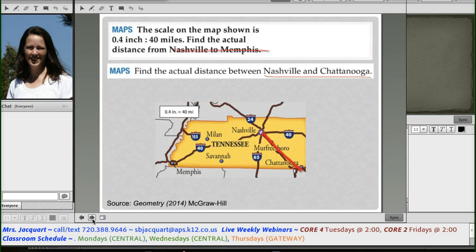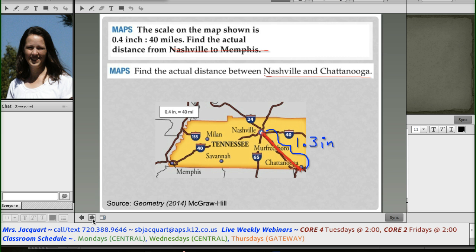Put a ruler on that, then what we can see is this is about 3.3 inches.